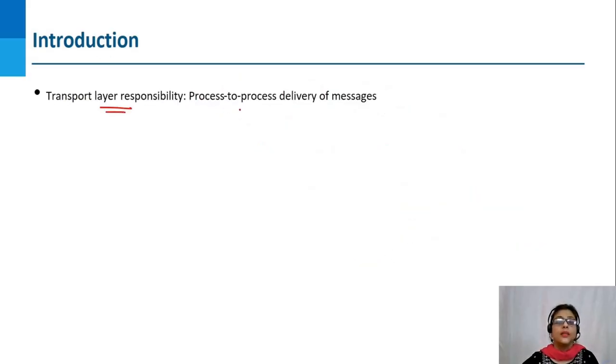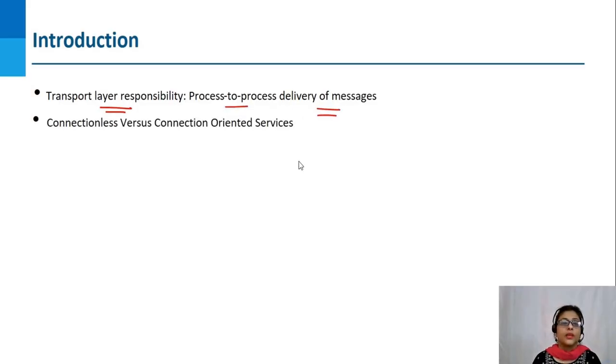Now, what are the responsibilities of the transport layer? Transport layer mainly is responsible for process-to-process delivery of messages, as we have already learned. Then it is also responsible for connectionless service and connection-oriented service. Connectionless service means there is no setup path.